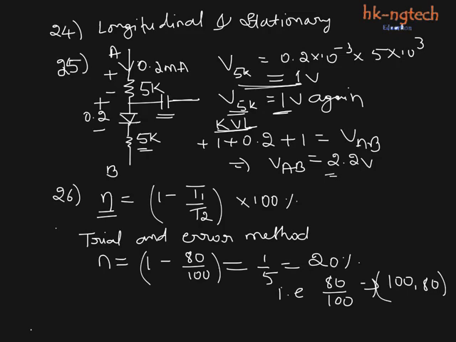At that time you will get around 25%. Suppose you put 100 Kelvin and 80 Kelvin as T2 and T1 respectively, at that time you will get 1 by 5, that is 20%, which is the least. So that pair will be the best suitable for the efficiency of the Carnot engine which is the least one. Okay, so therefore 180 must be the answer for that.